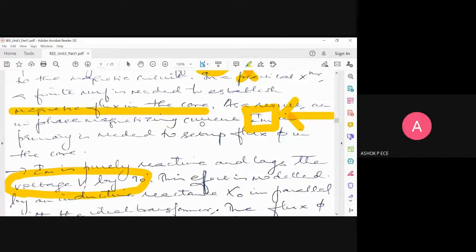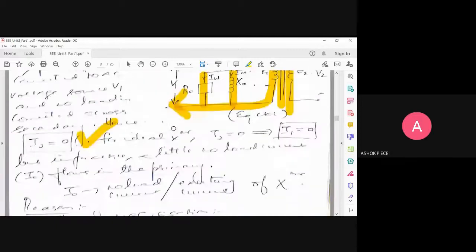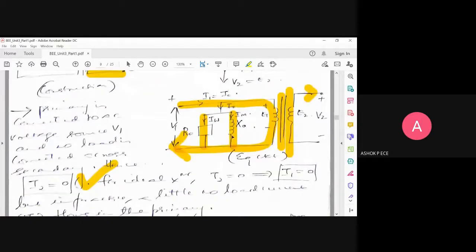IW is flowing through what component? See the diagram I am showing. IM is flowing through what component?